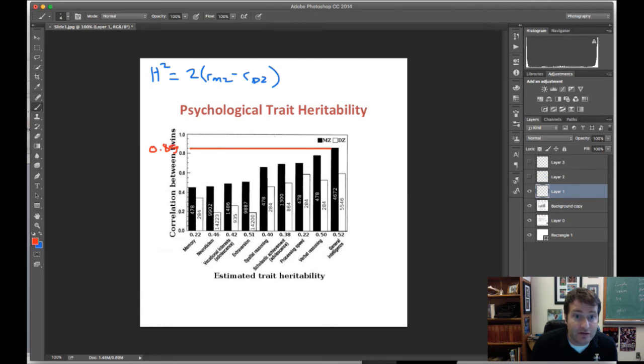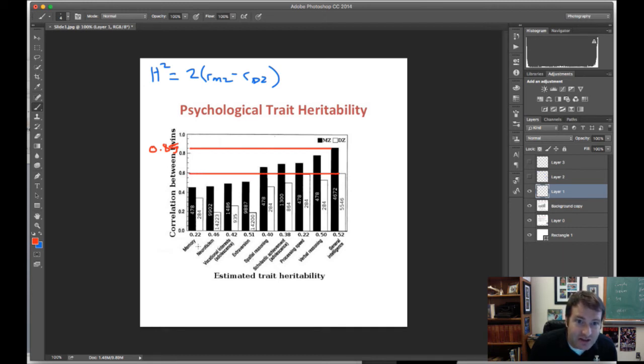I tried to do this video once before and I messed it all up. Our correlation coefficient for dizygotic twins for general intelligence starts here. If I hold the shift key, it allows me to go straight.